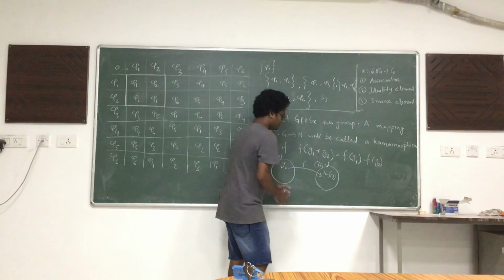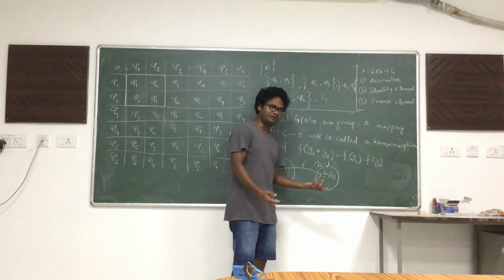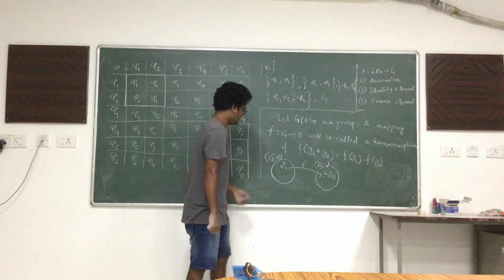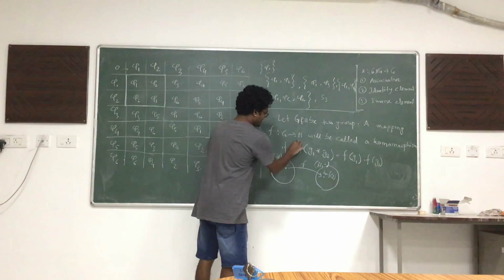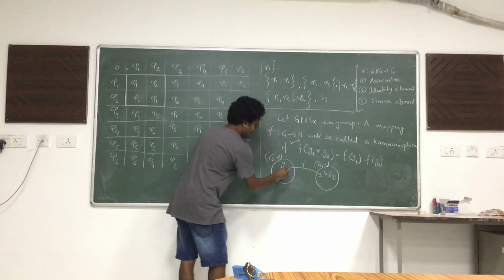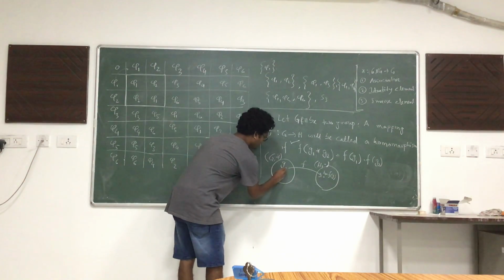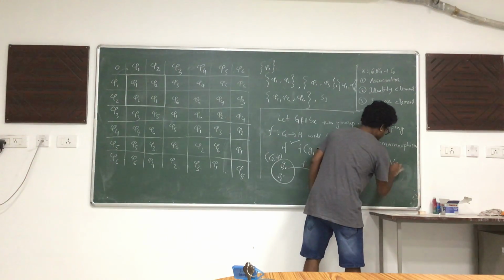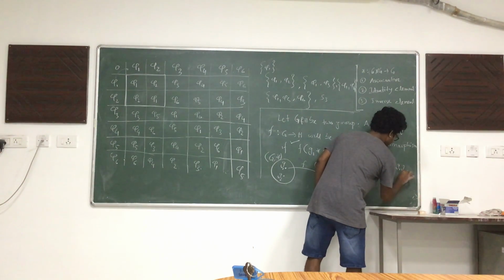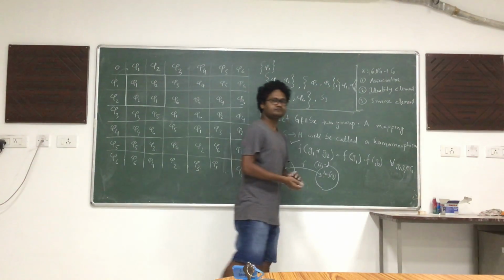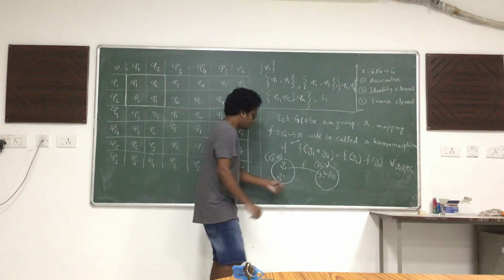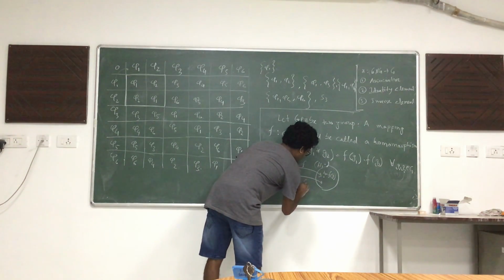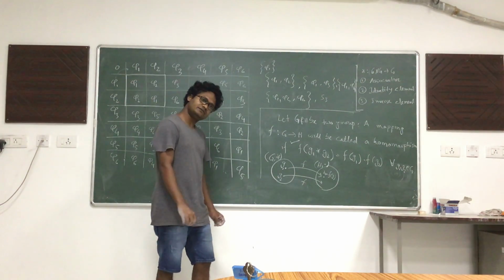And now this also has a structure. This also has a binary operation. For any 2 elements here, I can multiply. So this rule says it will be called homomorphism if, let's say, I have g1 here and another element g2 here. Take any 2 elements from this group via this same f.